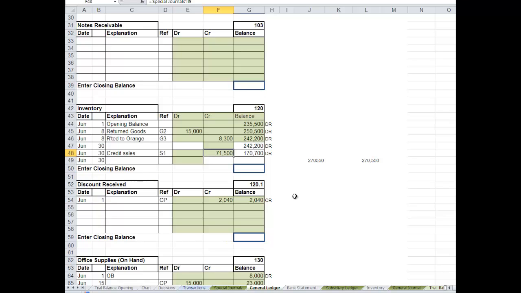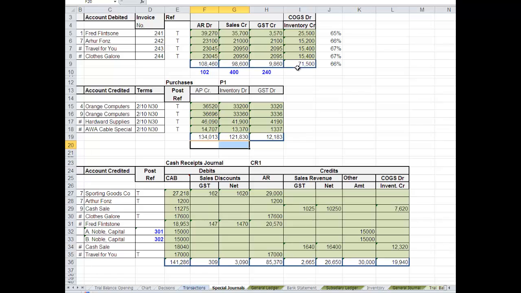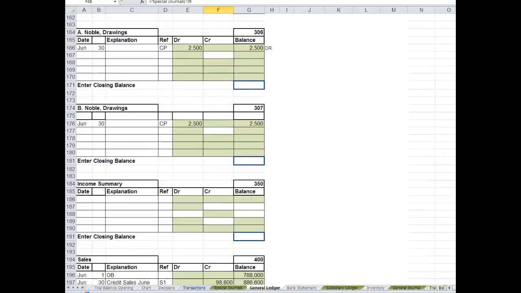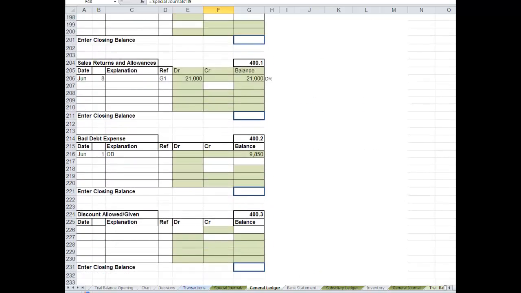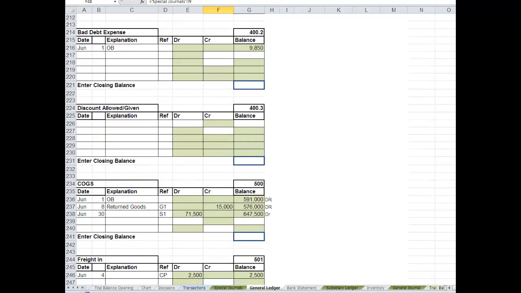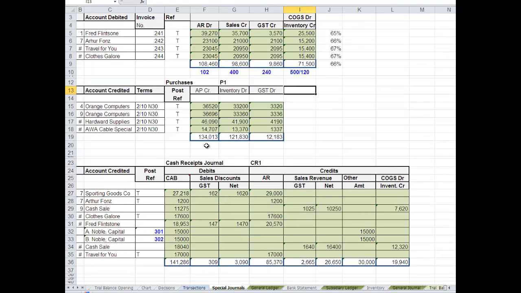Now 120, and so now we've posted to 500-120. Let me just check that I've done the 500 cost of goods sold. COGS S1 71,500.